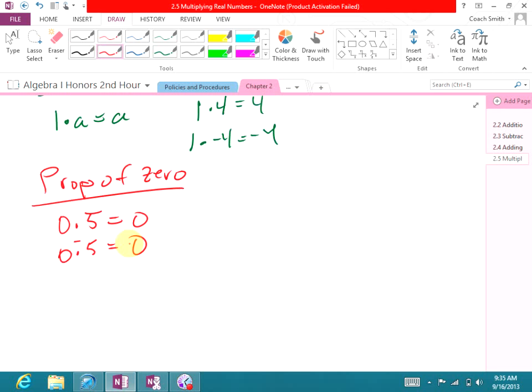So when you multiply something by 0, you don't ever come up with a negative 0 or a positive 0. This is one that the rule doesn't apply to. 0 times negative 5 is still 0. Well, you said that if we have one negative sign, it's negative. But 0 is not negative or positive, so you just write 0.